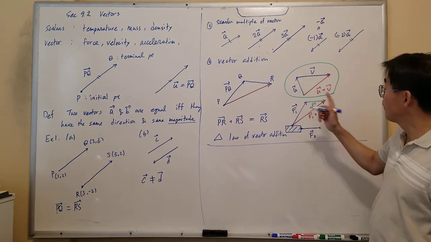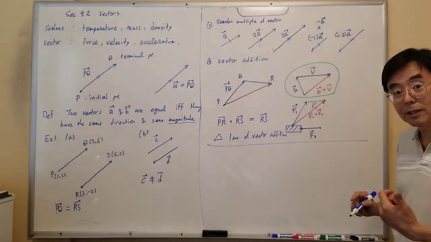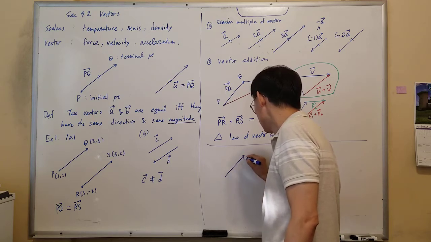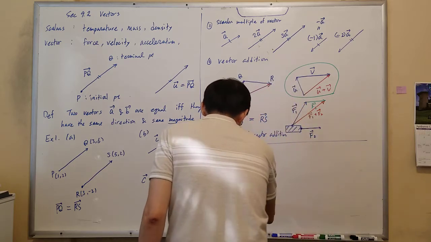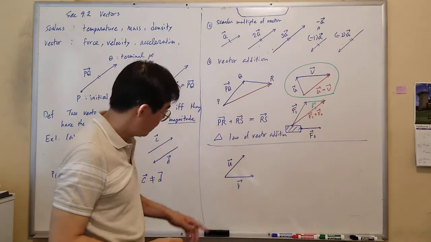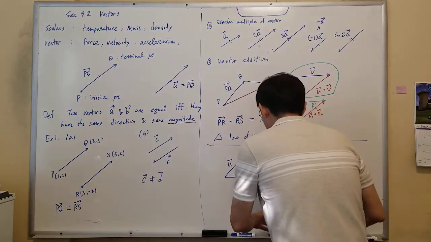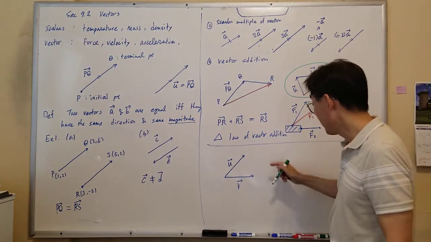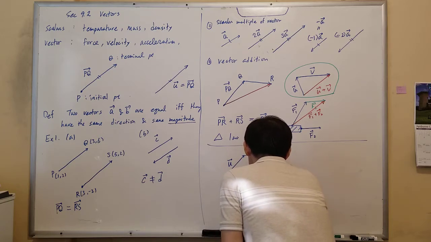Let's say your two vectors are not drawn back to back, but share the same initial point, like vector u and vector, say, vector v. Now, they have the same initial point. Then, in order to add two vectors u and v, I have to draw vector v starting from here, back to back. So let's say vector v.